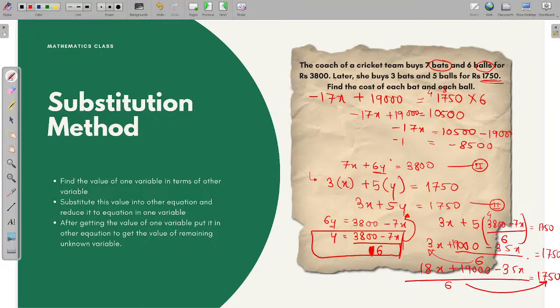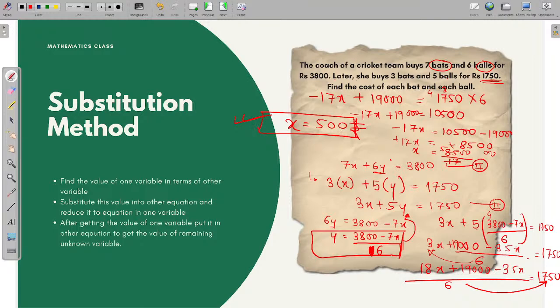It will be in minus, equal to minus 8,500, and minus 17x. So x I got as 8,500 by 17. I'll just cancel both the minus signs. So the value of x is 500, right? That means price of bat we got as 500 rupees, right?